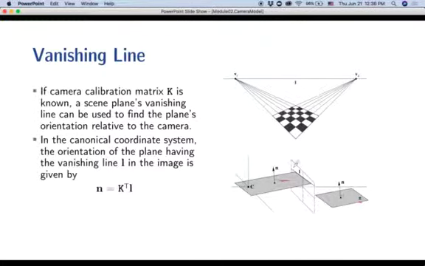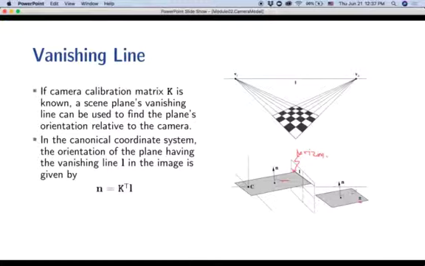Let's say this line is indeed the horizon in the image. You see it, so you mark it. Now, since you know a line, you can find this N by the relationship we derived on the last slide. And this plane that you are actually interested in has the same N because it's parallel to this.